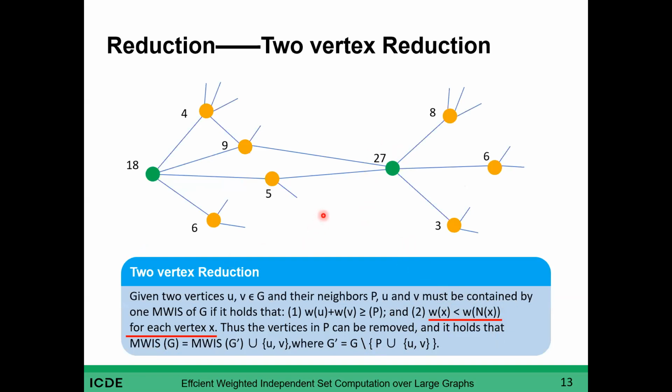Also, we take a look at an example. These two green vertices cannot trigger the single vertex reduction, since their own weights are smaller than that of their neighborhood. But as a whole, they can be reduced by our new reduction. You can do a calculation.